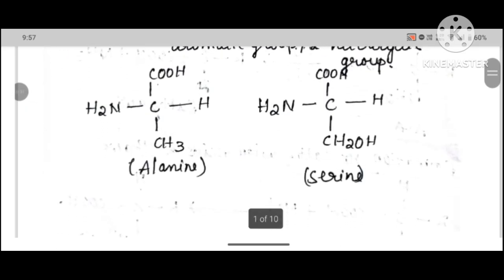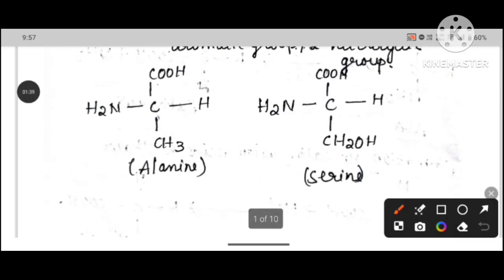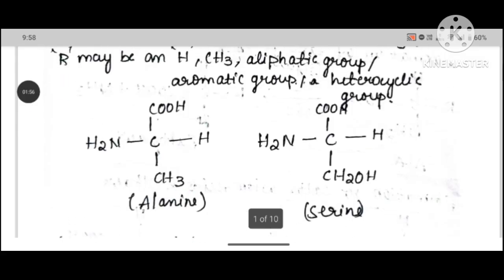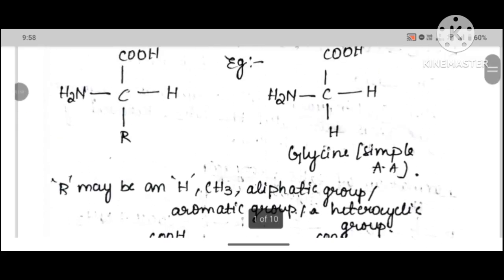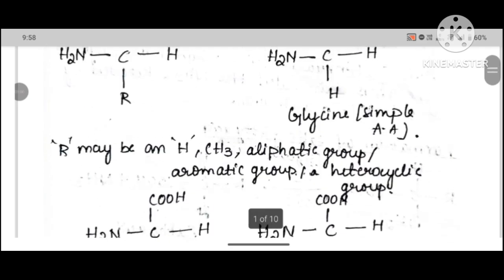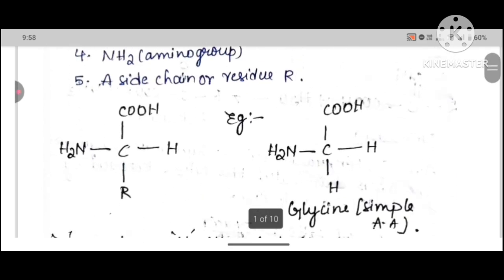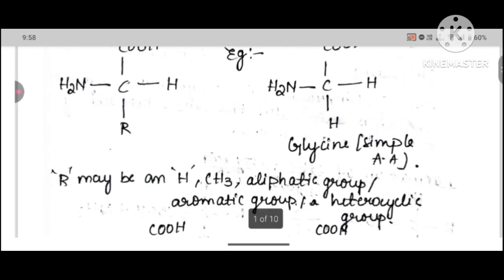Similarly, if it is replaced by CH3, then the amino acid is called alanine. And if the R is replaced by CH2OH, then the amino acid becomes serine. So the basic difference is at the R group. This is the basic structural component of the amino acid.